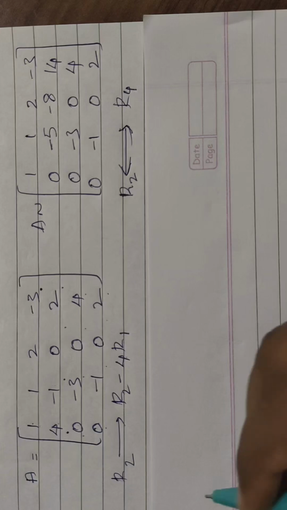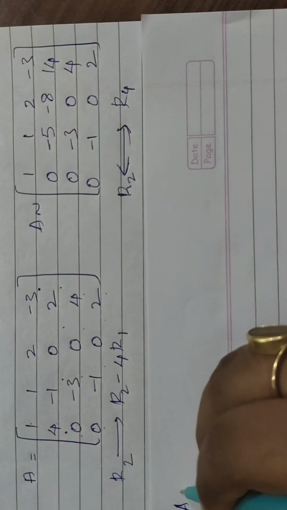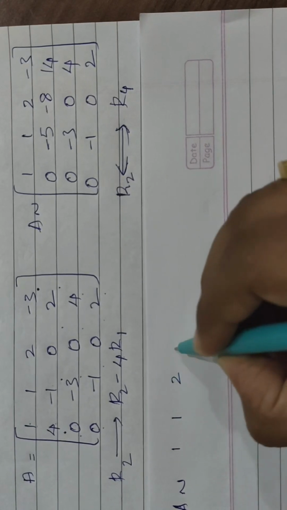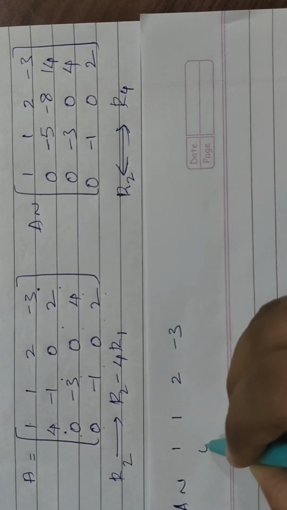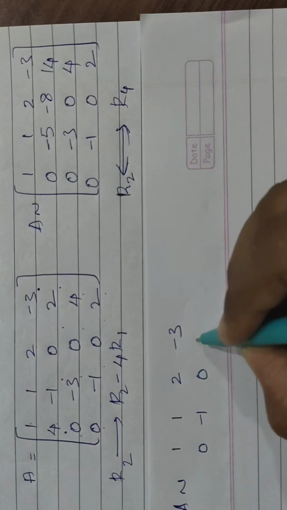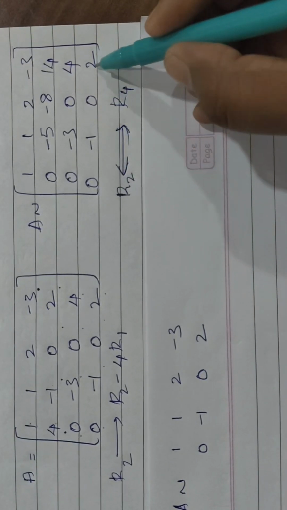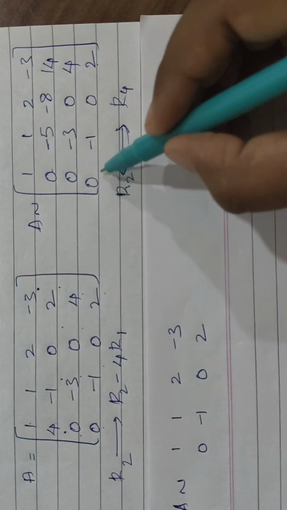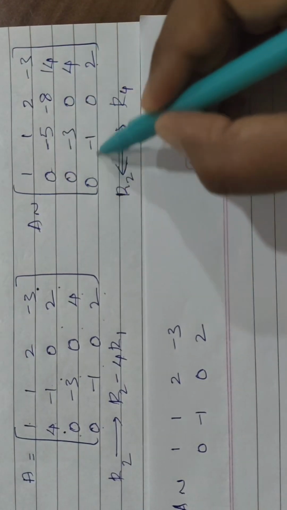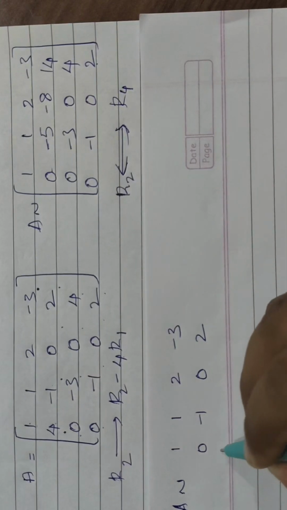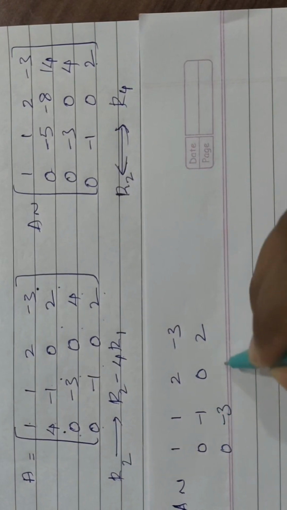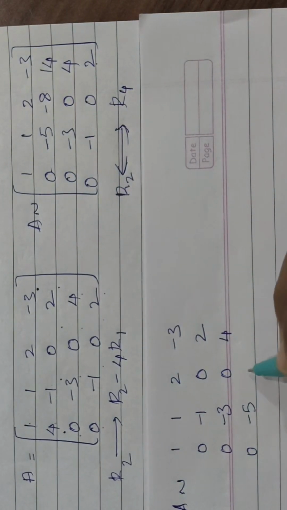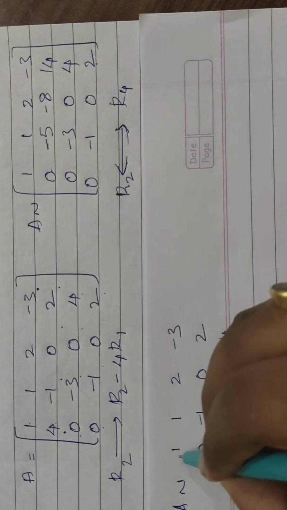So now the given matrix A is equivalent to 1, 1, 2, minus 3, 0, minus 1, 0, 2. As I am interchanging R2 and R4, I am writing this R4 in R2 and this in R4. Okay. So next row is 0, minus 3, 0, 4. And next one is 0, minus 5, minus 8 and 14.